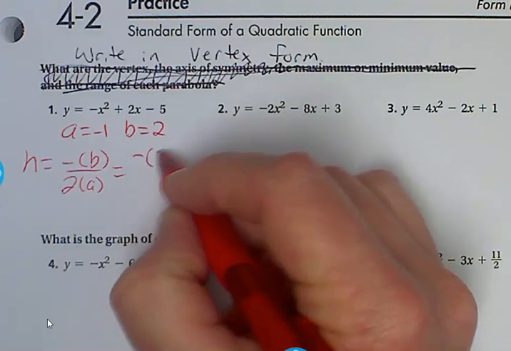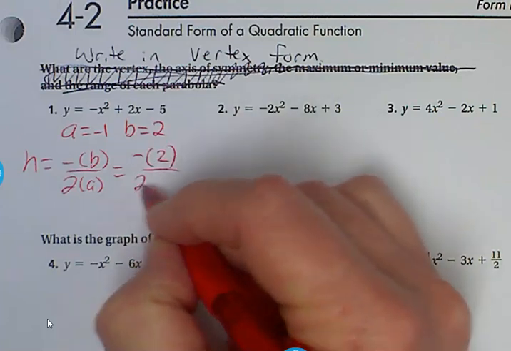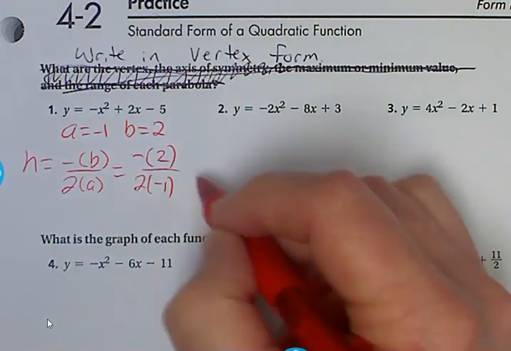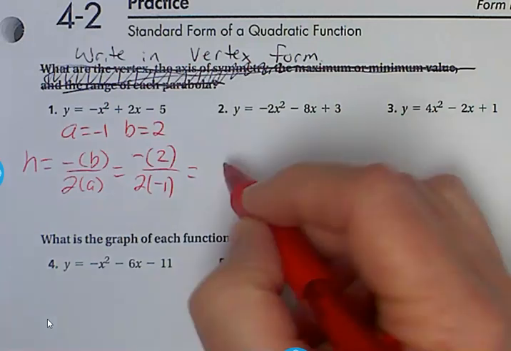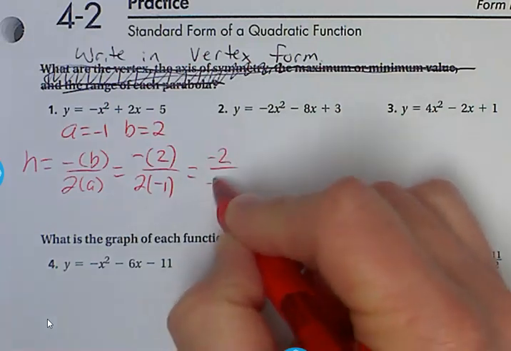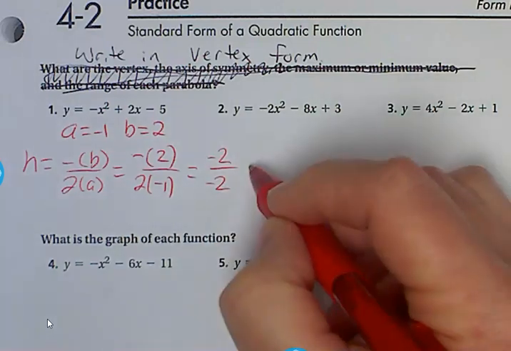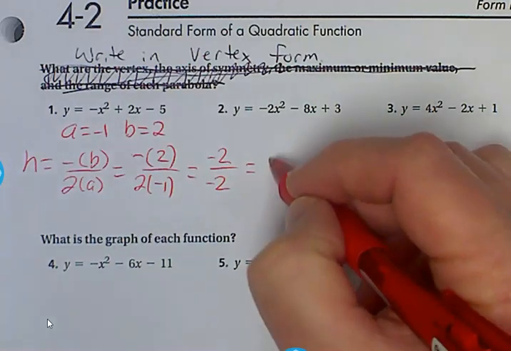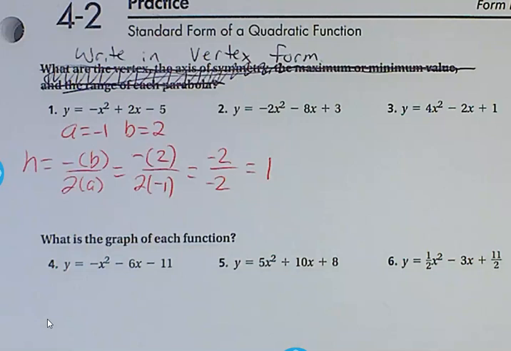So that's the negative of 2 over 2 times negative 1. That's negative 2 over negative 2. And if you divide negative 2 by negative 2, it gives you the h value is 1.